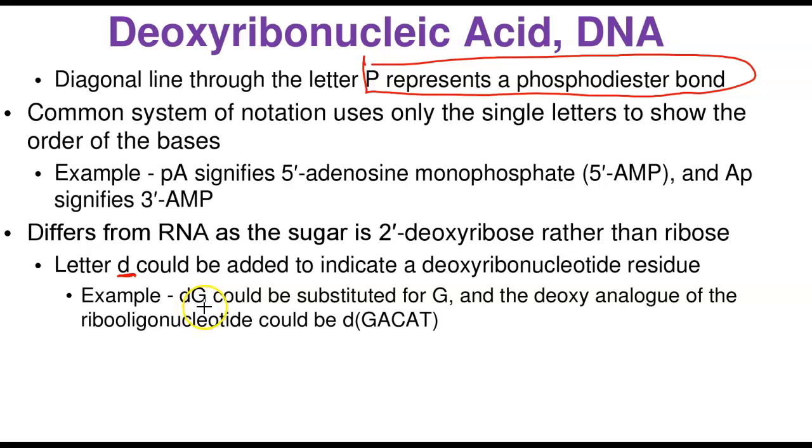Example, if you say dG, this means deoxyguanosine monophosphate. That's what it means, substituted for G. So if you say this, what it means is that all these are the deoxyribose sugars for the DNA molecules, because all you find in the DNA molecule is the deoxyribose sugar and not the ribose sugar. And let us see this picture.